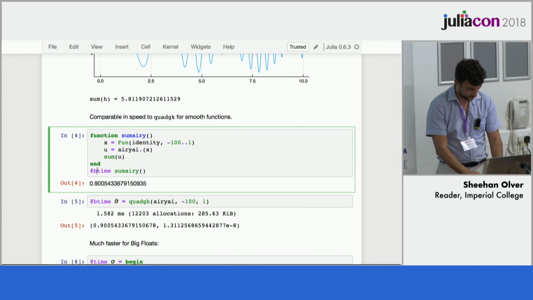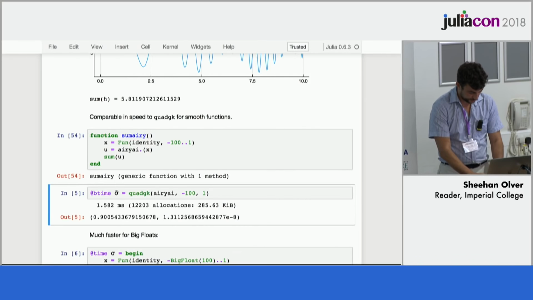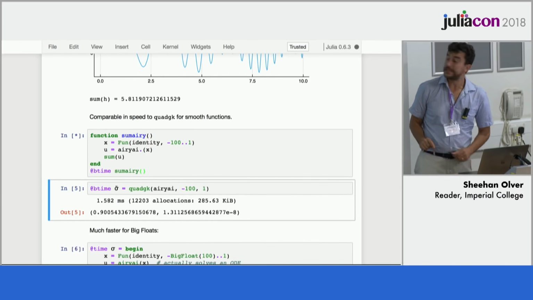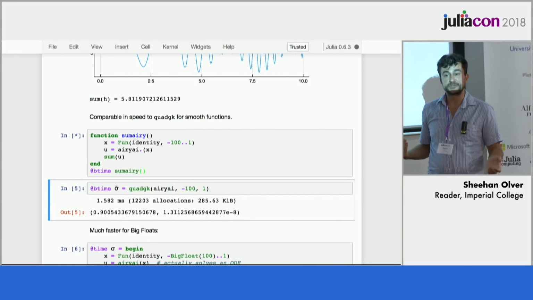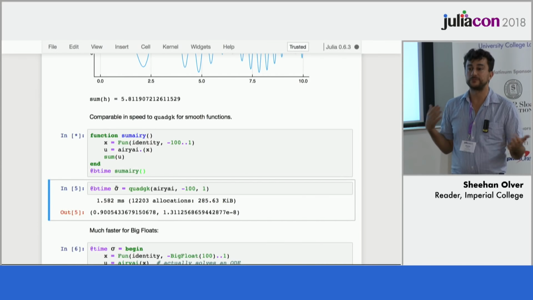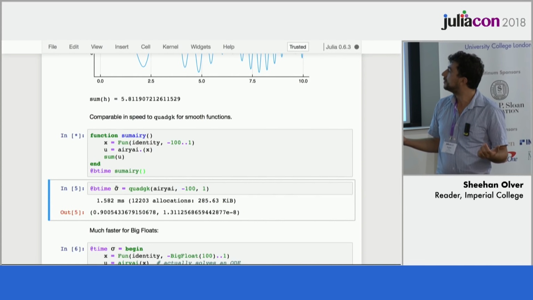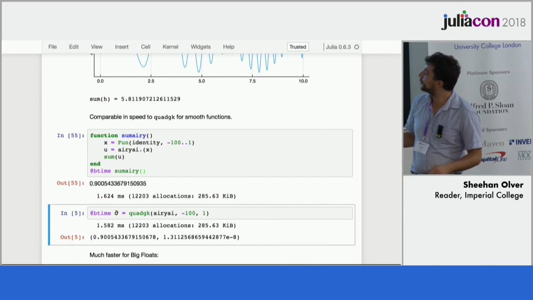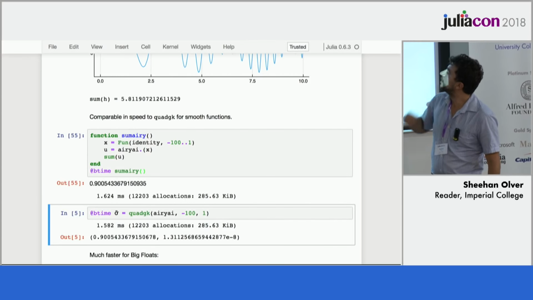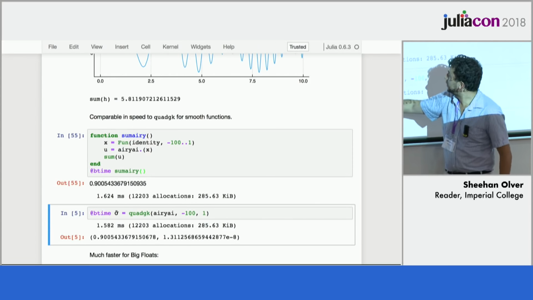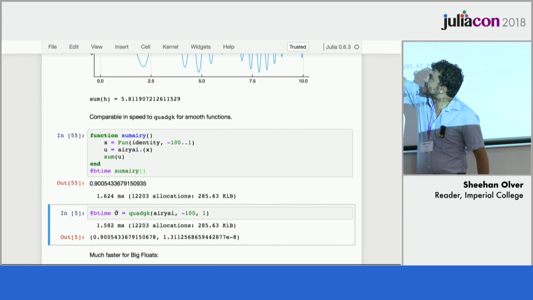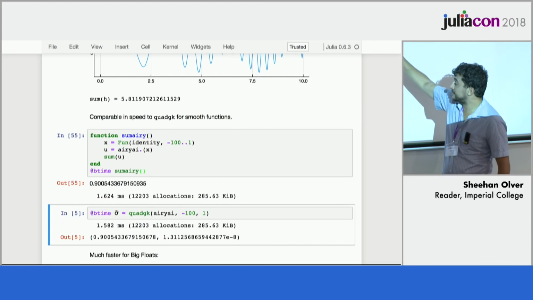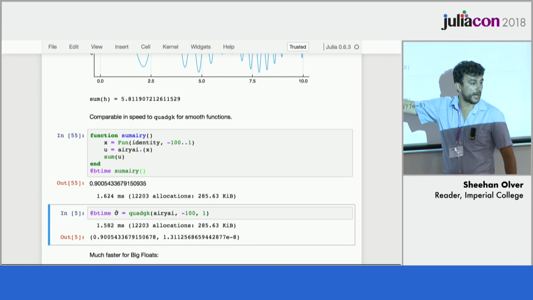Now what's interesting is that this whole thing, even though it's working with general functions and storing around the general function so we can further manipulate it, is comparable in speed. Creating this function via this whole framework is comparable in speed to traditional algorithms like quadgk.